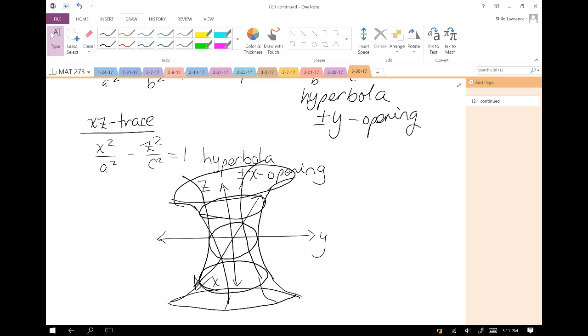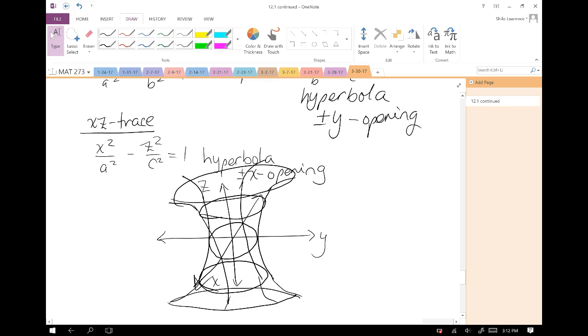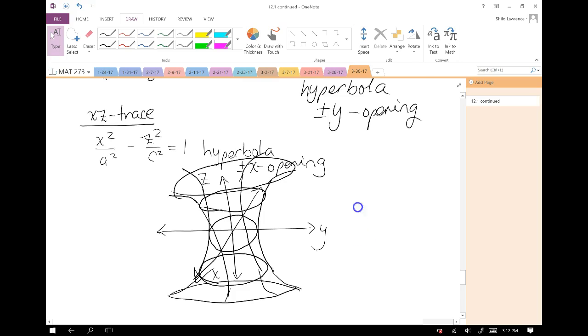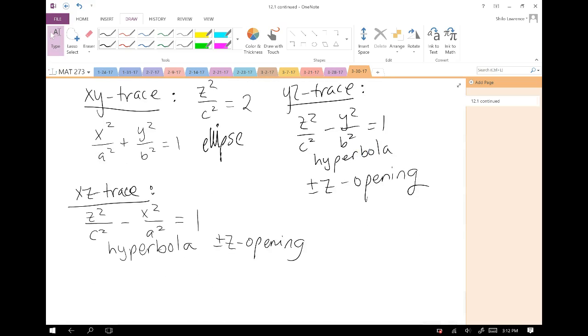One set of hyperbolas opened in the y direction, the other set of hyperbolas opened in the x direction. In this one, both sets of hyperbolas open in the same direction. Like that. We're going to have two bowls.